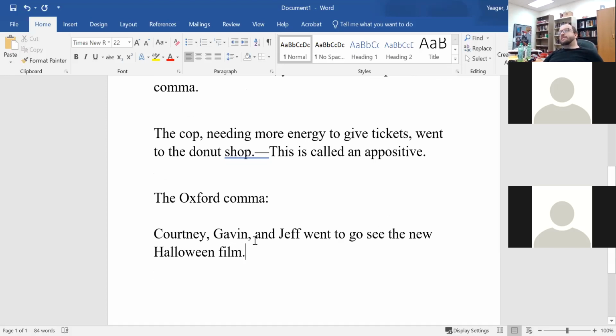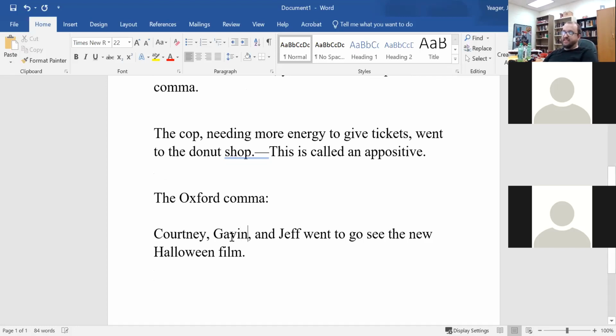But the Oxford comma is when you have a list of three or more things. And technically, you're supposed to put a comma with the "and," right? So if you don't put this second comma here, it kind of messes up the meaning of the sentence. Some people will argue that you don't need it.